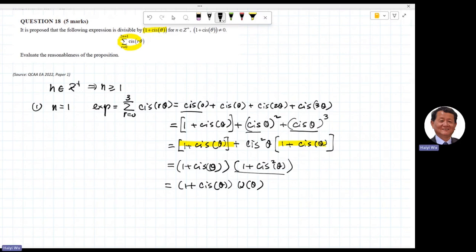So when n equals 1, 1 plus cis theta is a factor, times another factor.